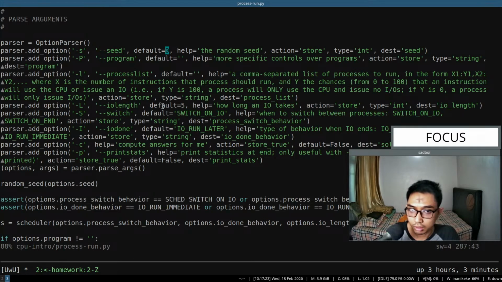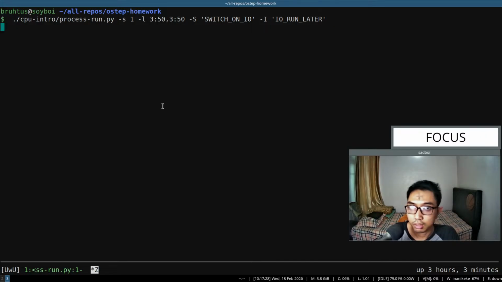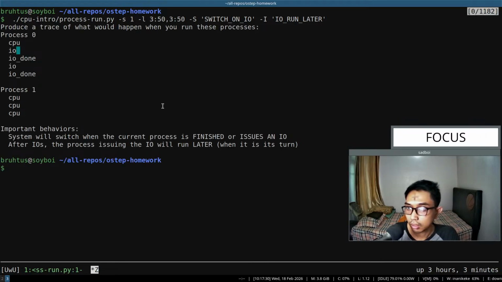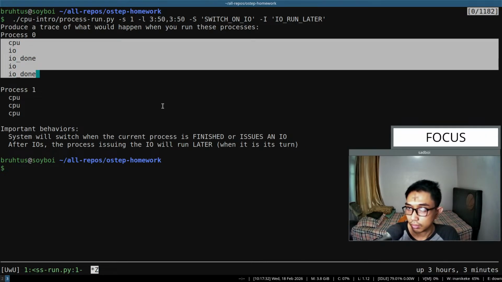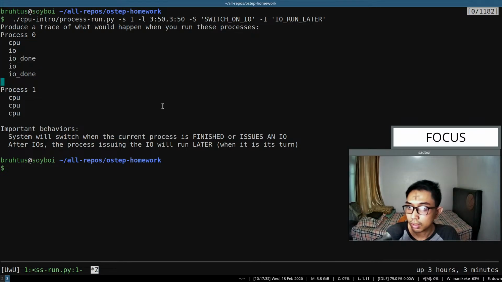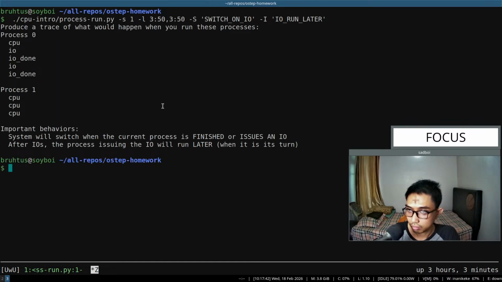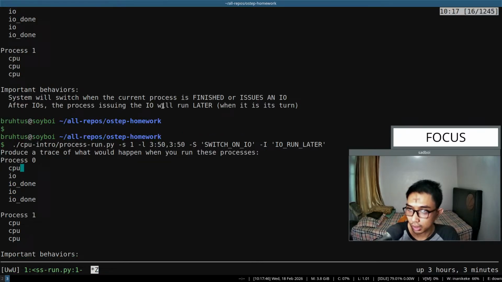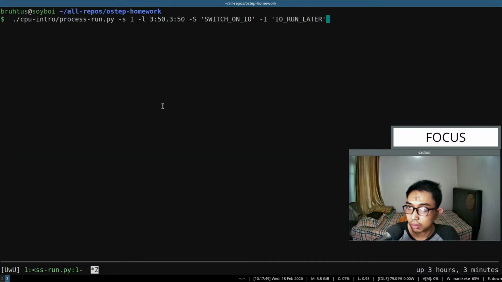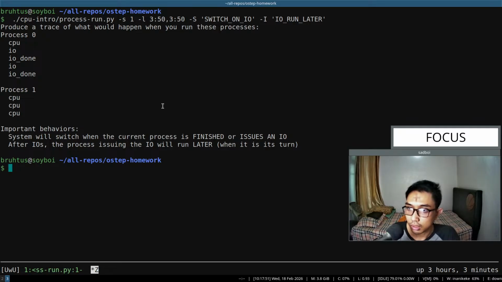What is the default run later? Okay, this one. CPU. Yeah, looks like the generated process is kind of consistent. Okay.